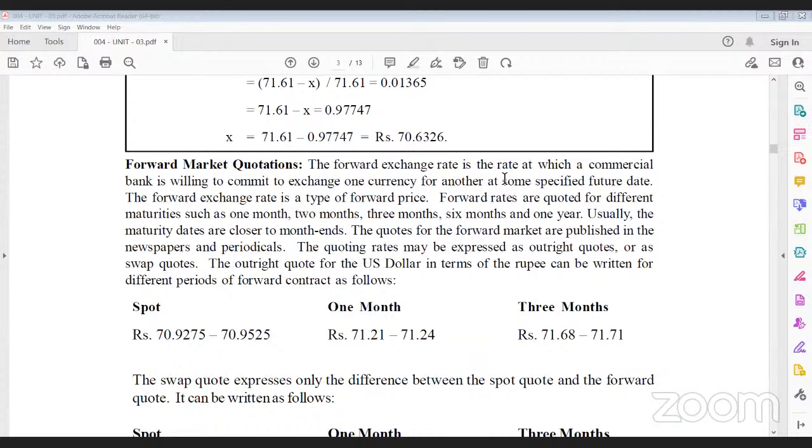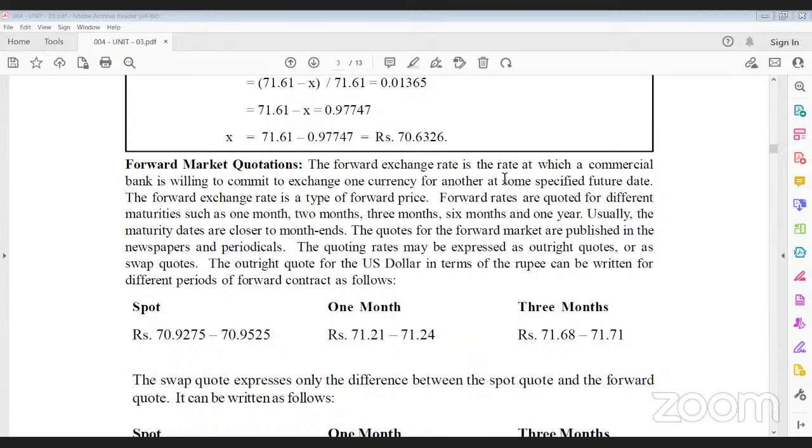Usually these maturity dates are closer to month ends. Month ending only the valuation would be done, and then these forward market quotes are published in newspapers and periodicals. The quoting rates can be expressed as outright quotes or as swap quotes.